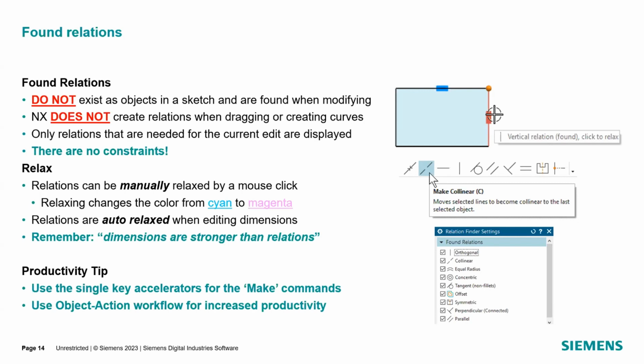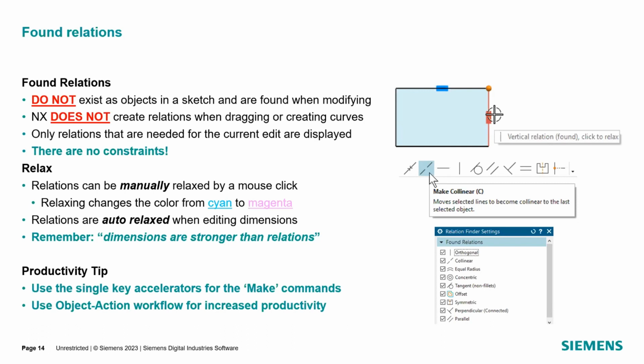The magenta are ones that we would basically relax. So what it means is you can override what that says. If we remember in the first little demo, I had a dimension on either side of the box. When I moved the second dimension, what it did was it automatically relaxed the horizontal relation. And so you could see that. I could see what was happening just by the colored cues on there.